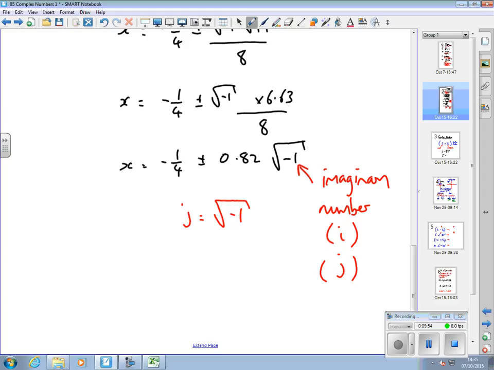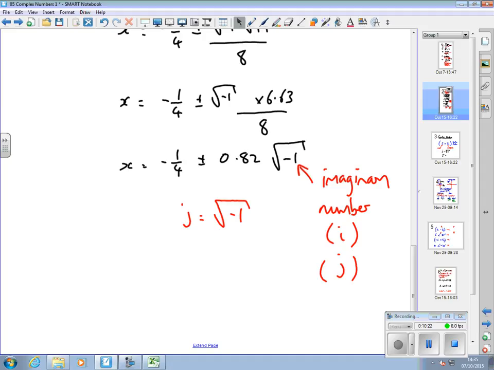If we think about what a square root is, think about the square root of 4, which is 2. The square root of a number is the number which, if we multiply it by itself, gives us that number. The square root of 4 is the number which times itself gives me 4.